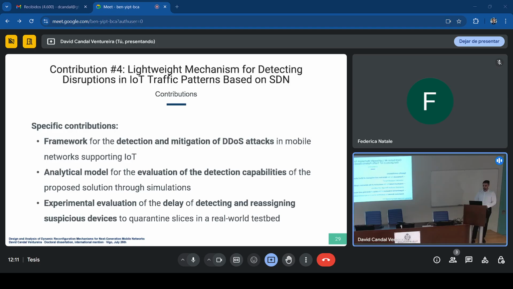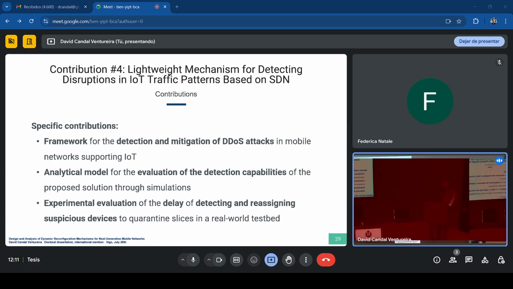And we have developed a model to quantify the number of malicious devices quarantined based on different metrics, and implemented this solution in an experimental testbed to measure the time required to redirect a suspicious data flow for in-depth analysis.